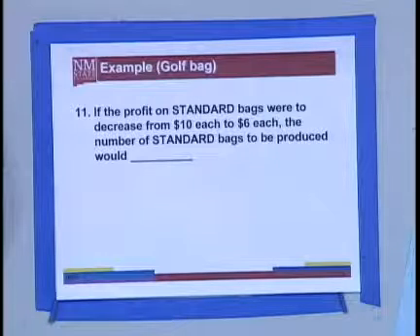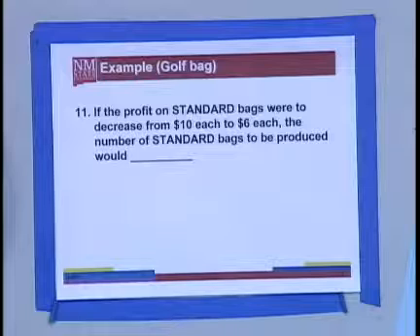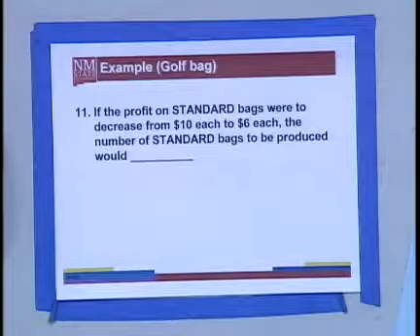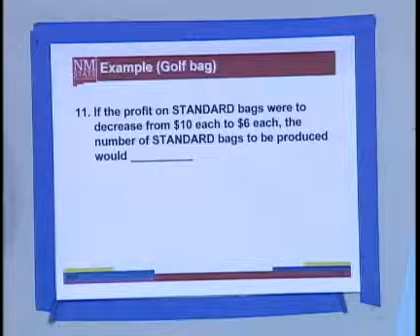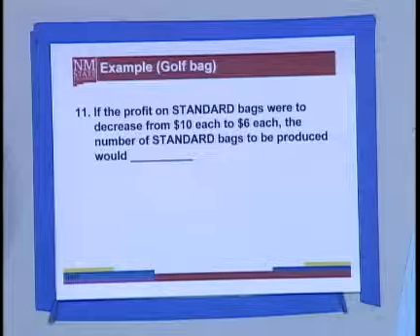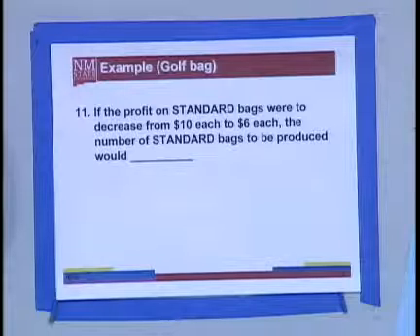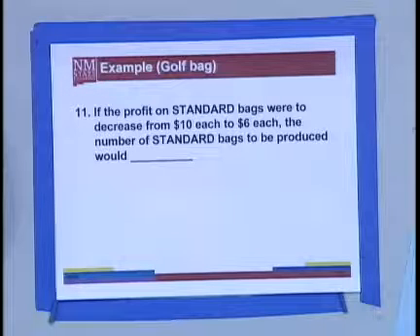Okay. Then what about number 11? If the profit on standard bags were to decrease from $10 each to $6 each, what will be the effect on the number of standard bags to be produced?